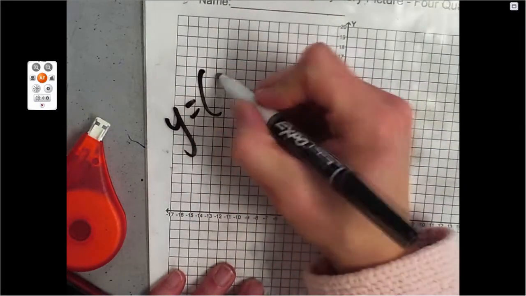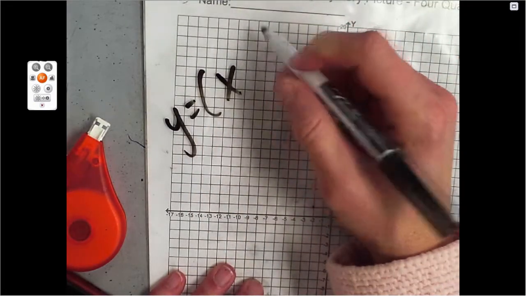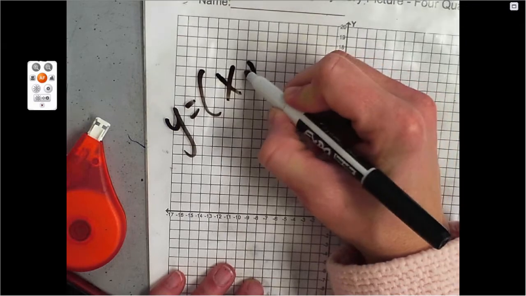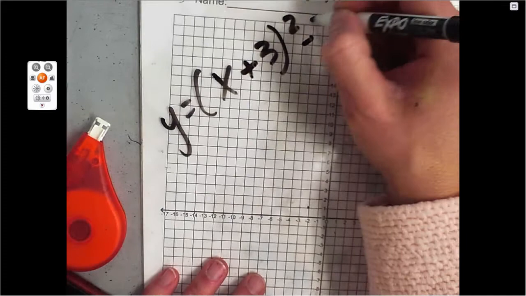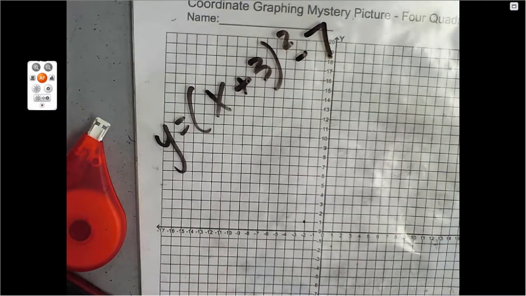y equals, parentheses, x plus 3, squared, minus 7. Let me see yours. Make sure you label the vertex and then let me see it. Don't connect the dots so I can see your step pattern pretty well.